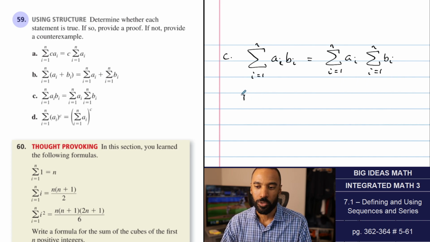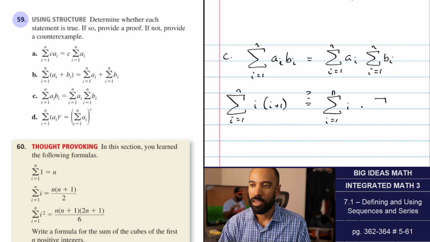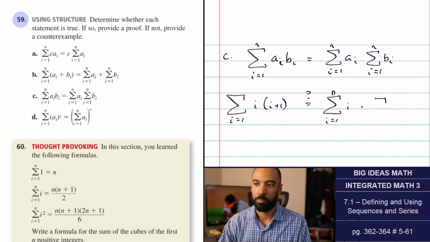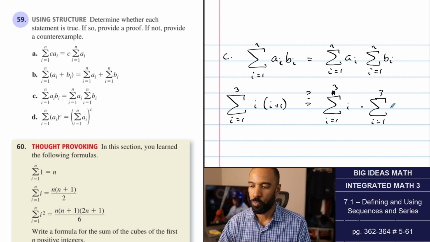So let's try the sum from i equals 1 to n of i times i plus 1 and see if it's the same as taking those separately. Oh, we have to actually plug something in. Let's try and go up to 3.